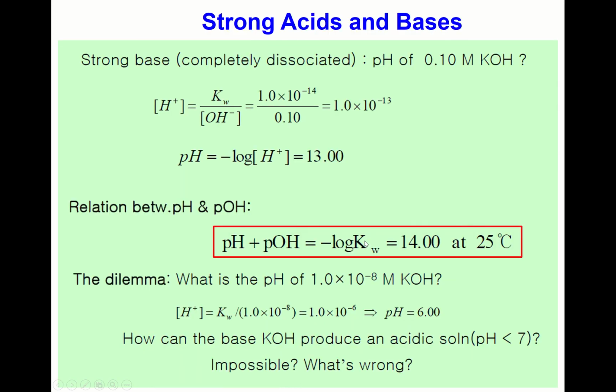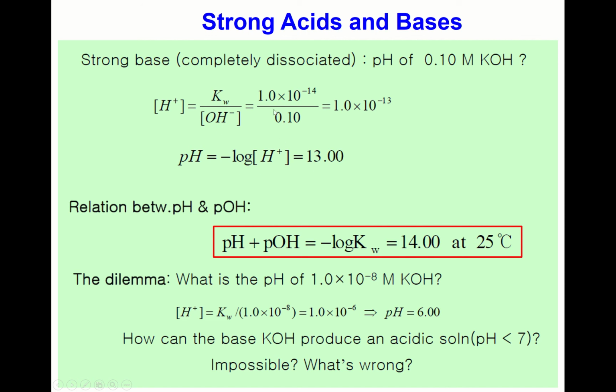Let's go to this part. Strong acids and bases completely dissociate, so we can calculate the pH of 0.1 molar KOH from the definition of Kw. Proton concentration is calculated by using this equation, and it is 1.0 times 10 to minus 13, and the pH is 13.00.